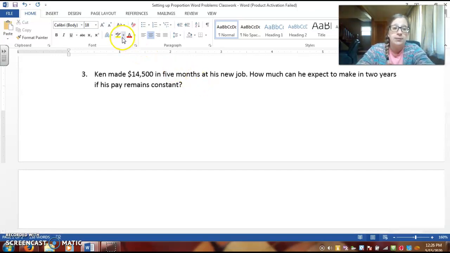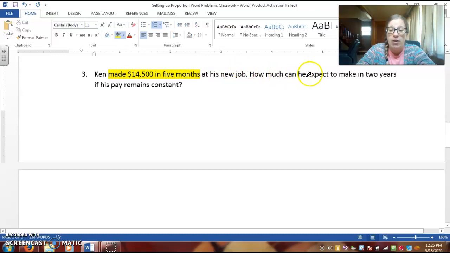So, highlighting some important details, made a bunch of money in 5 months. We want to figure out how much he can expect to make. So how much is that phrase meaning how much money? And in this situation, it's for 2 years.